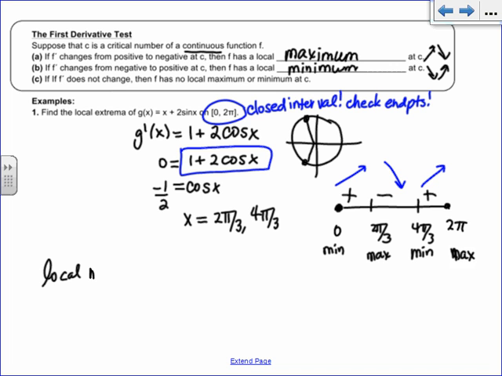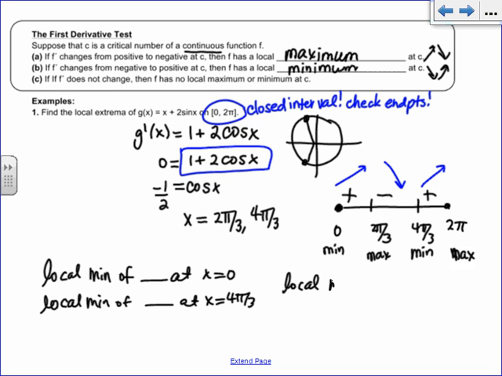So local min at x equals 0, and another local min at x equals 4 pi over 3. And local max at x equals 2 pi over 3, and local max at x equals 2 pi.